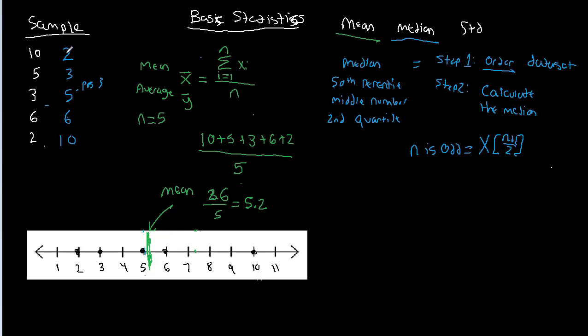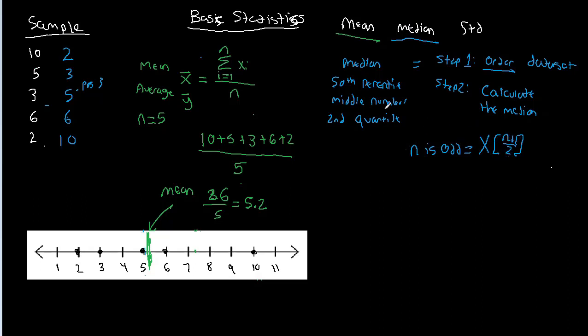Because in this case, again, think 1, 2, 3, 4, 5. The middle was position 3. In order to get that, we added 1 and then divided by 2. So when n is odd, our median is going to be the value at location (n + 1) / 2.